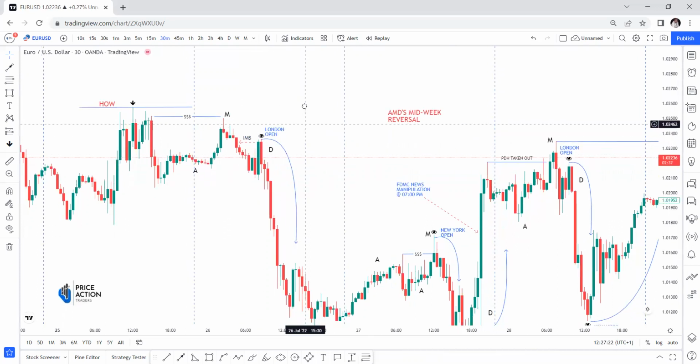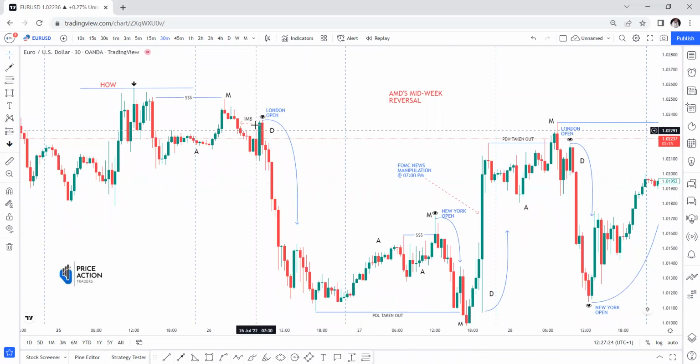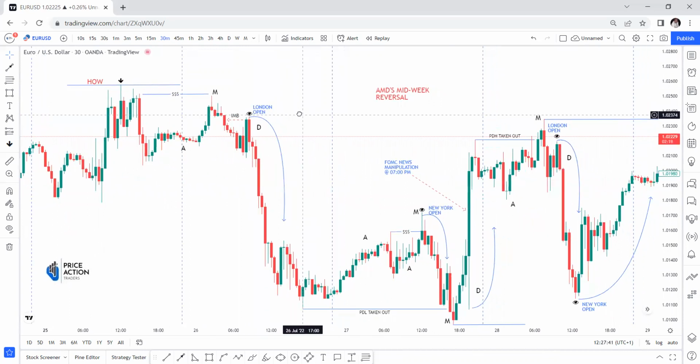So you got that reversal after a retest of this imbalance. At the retest of the imbalance at exactly the 70.5 Fibonacci that I showed you, you started seeing a drop. So that will give you your sell.